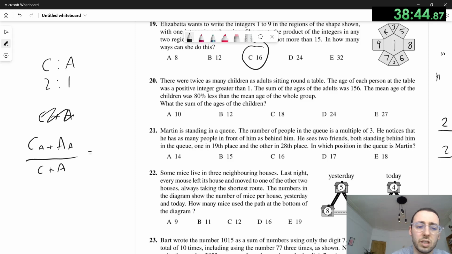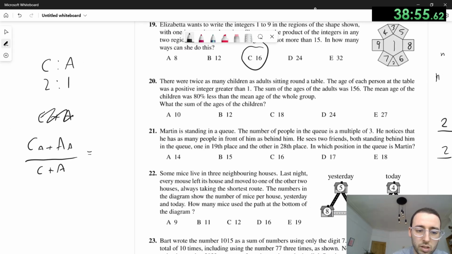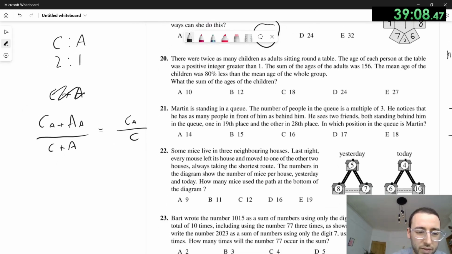So this times 0.8. No. 80% less. Wait, what am I doing? Okay, and then I have the children's age over the number of children.